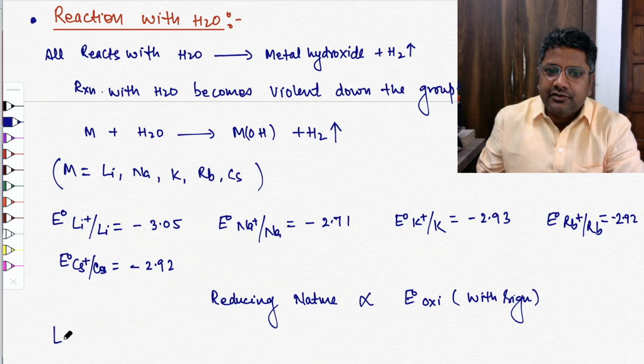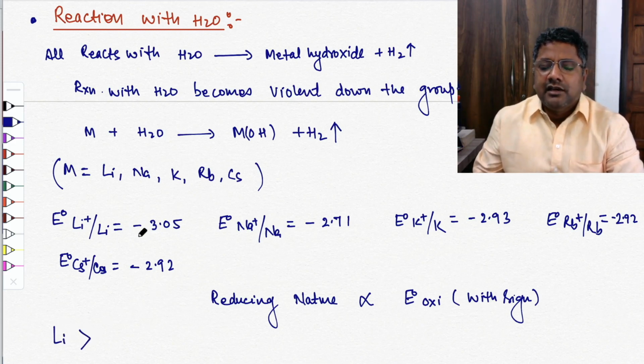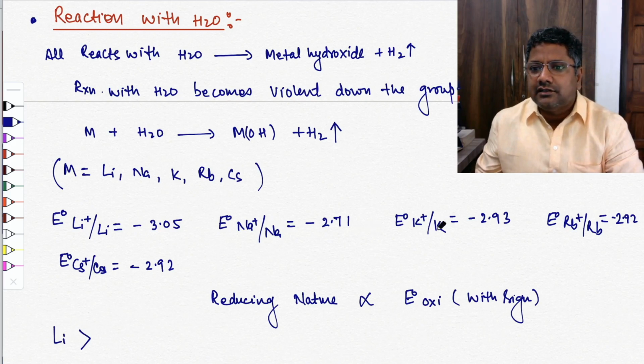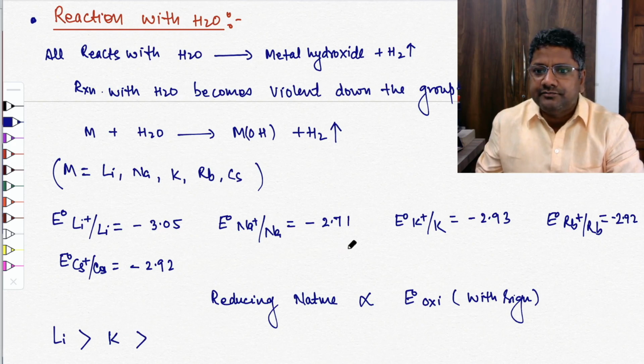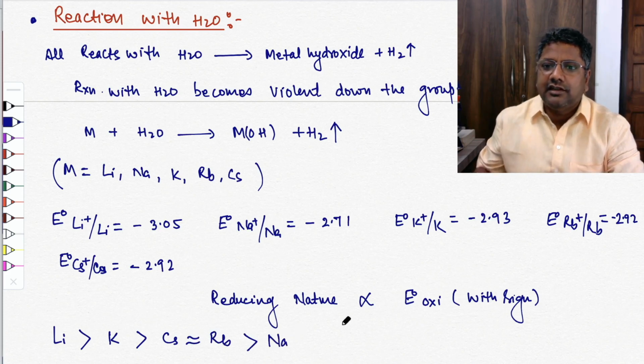So the best reducing agent is lithium. And after that, 2.93, I think this is potassium. After that you will have 2.92 rubidium, cesium, rubidium, and then sodium, right?